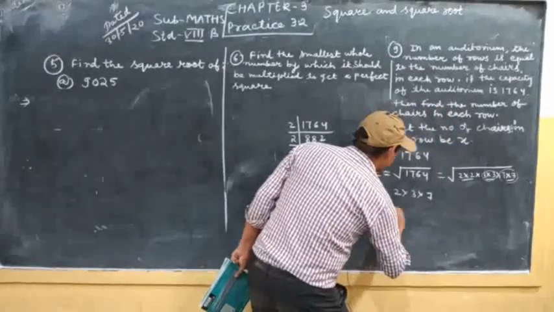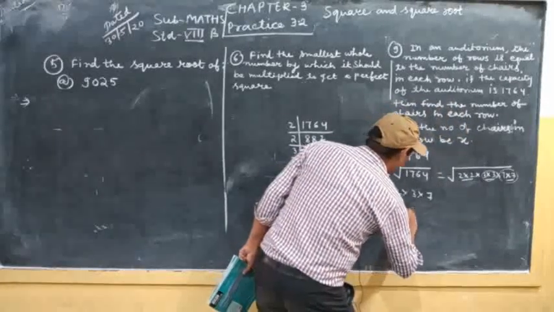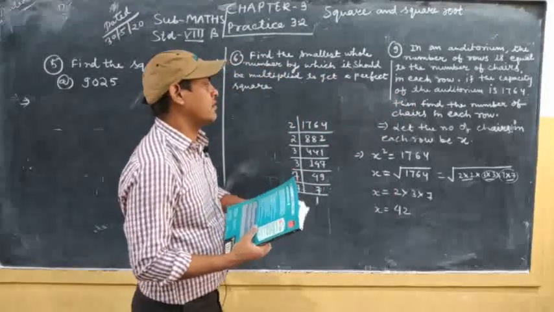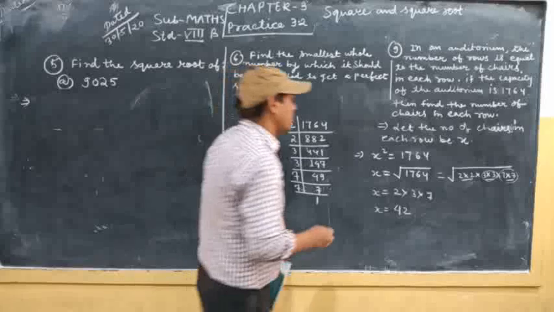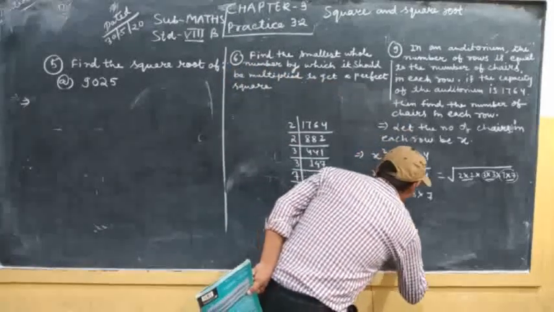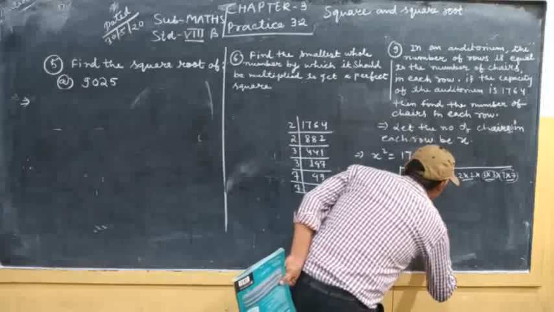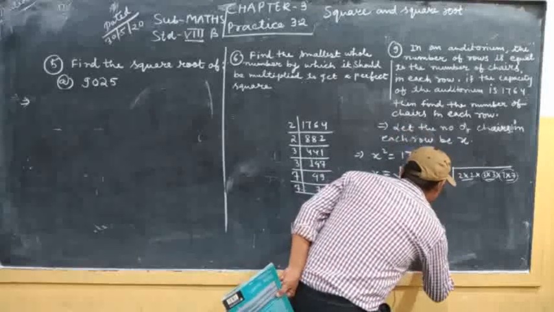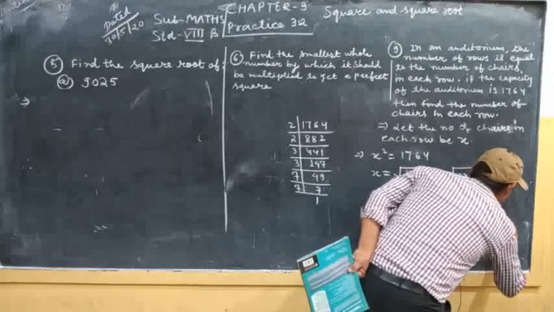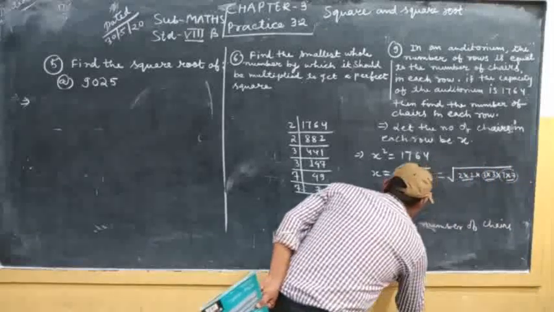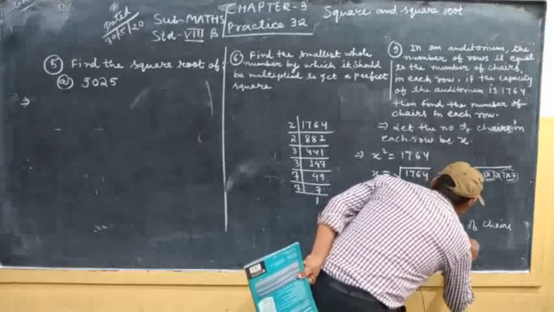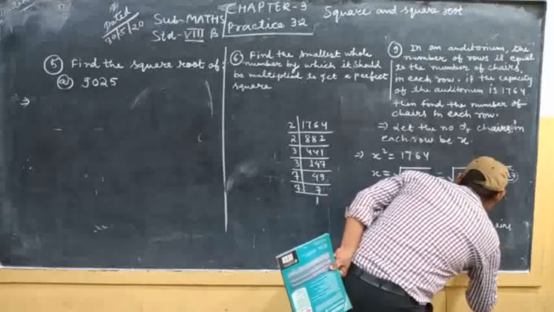So x is equal to 42. So the number of chairs in each row is 42.